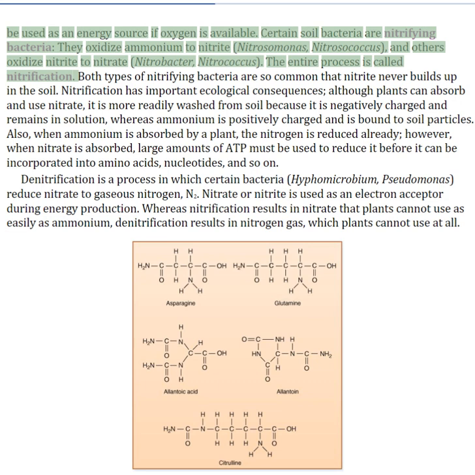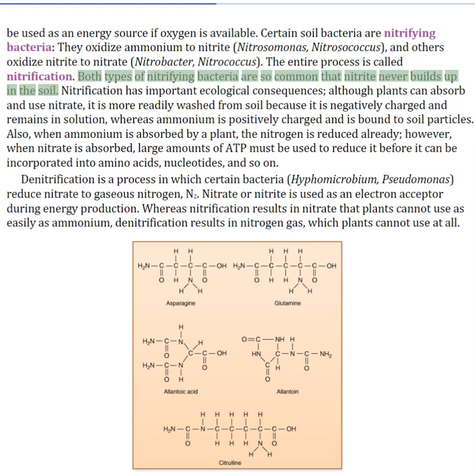Certain soil bacteria are nitrifying bacteria. They oxidize ammonium to nitrite, and others oxidize nitrite to nitrate. The entire process is called nitrification. Both types of nitrifying bacteria are so common that nitrite never builds up in the soil.